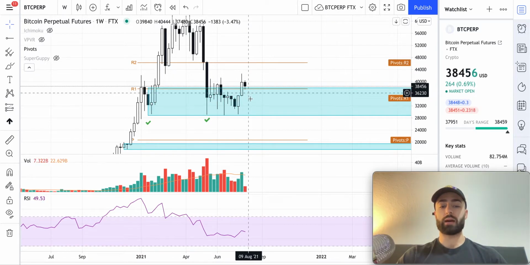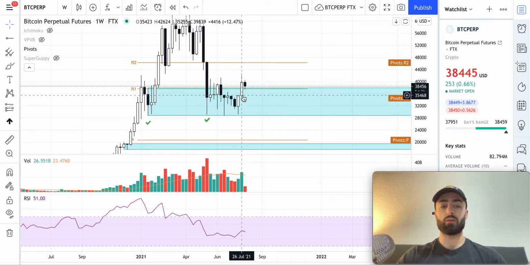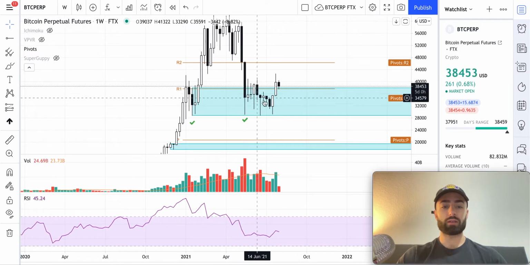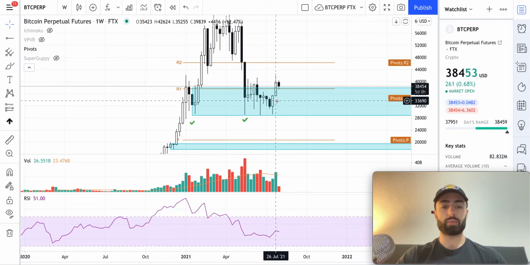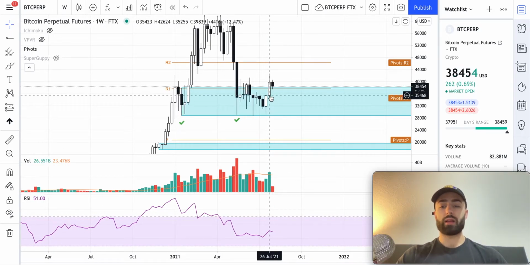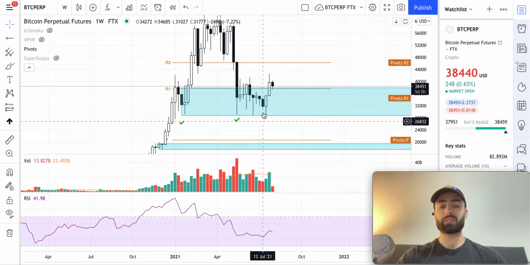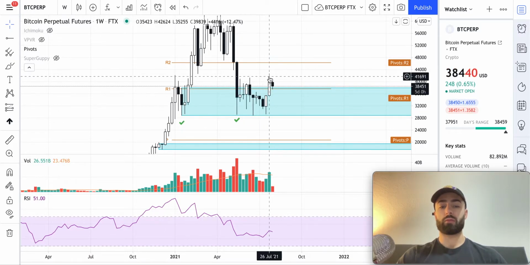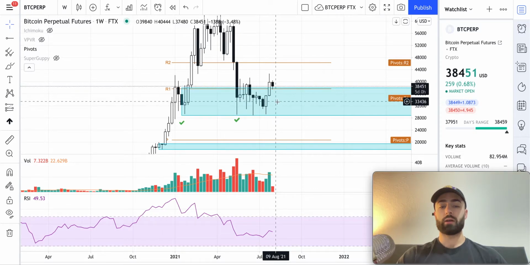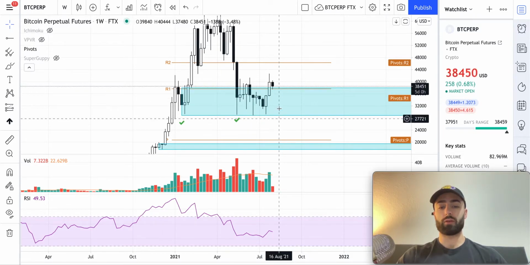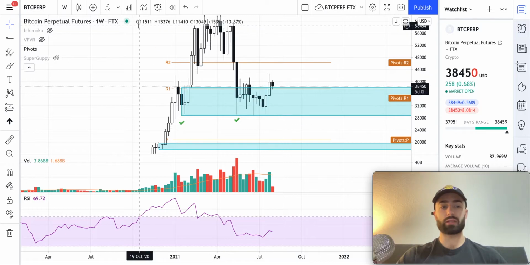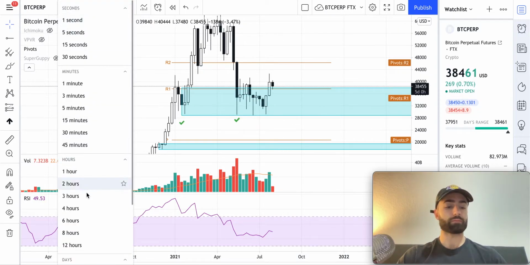So if we come down and break below this previous week's low at 35,255, sorry, I can't even really see it. Yeah, 35,255. Then that will most likely give us a higher low shortly thereafter, somewhere below that, because it's really unlikely for us to come up, form this high, and then come down and just go for a new lower low. It's possible, but very unlikely in my opinion.